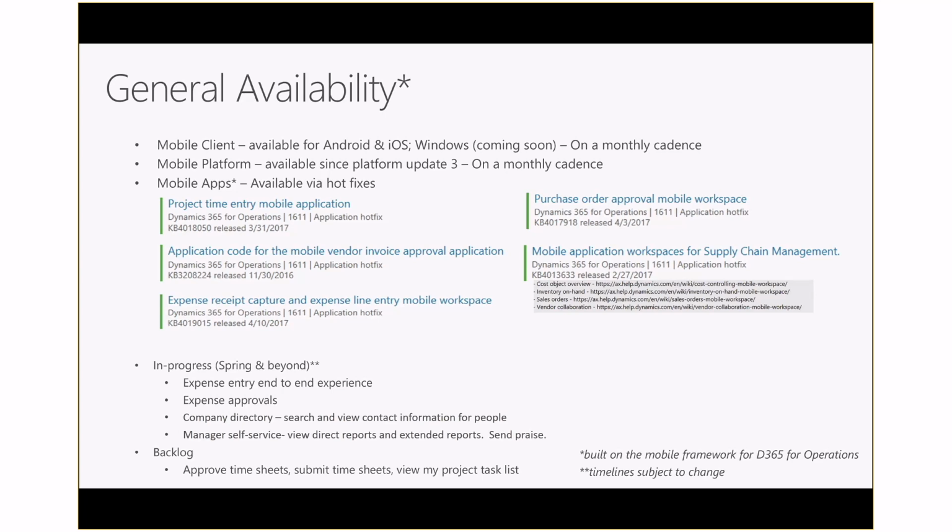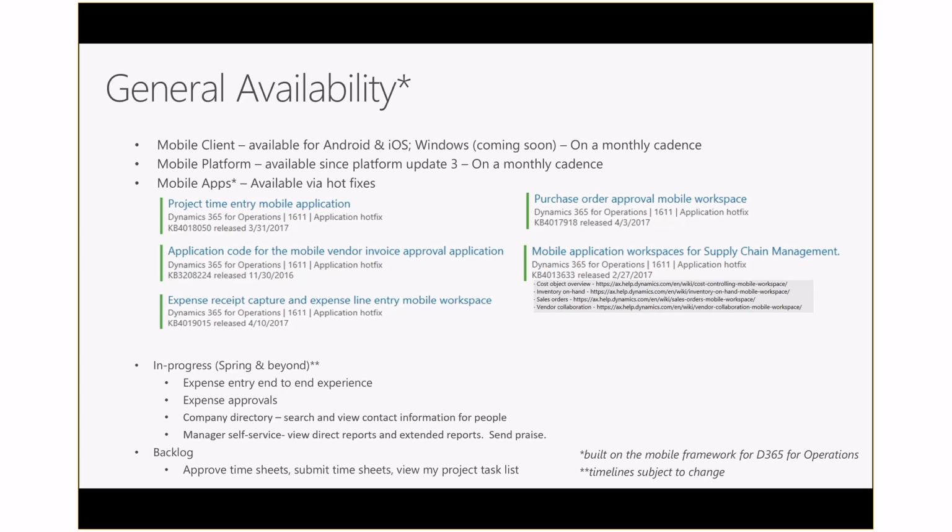The next piece that we are looking at is expense approvals, followed by company directory related scenarios where you should be able to quickly search and view contact information for people from the global address book. Last but not the least, from a HR perspective, we are looking at some self-service scenarios where a manager can view their direct reports and extended reports, and also send some praises when they accomplish something in their work, right?